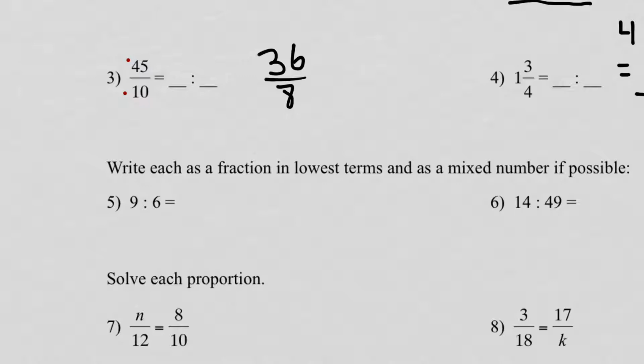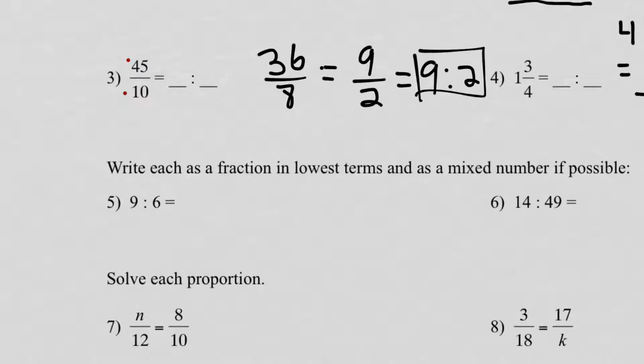So 36 divided by 4 is going to equal 9, and 8 divided by 4 is equal to 2. So now I see that there's nothing else I can divide 9 and 2 by evenly. So now I can translate it directly to a ratio, and it's very simple. The top number comes first. Instead of a fraction bar, we write the colon, and the bottom number comes second. Our ratio in lowest terms is 9 to 2.